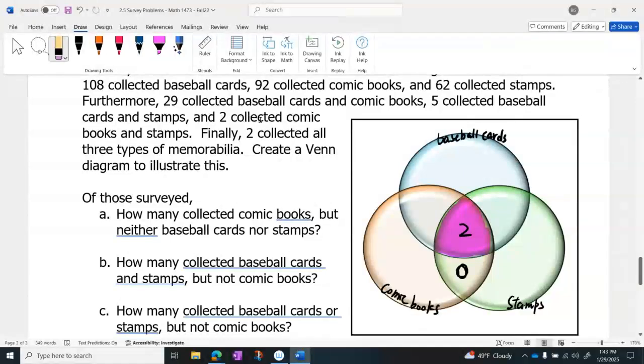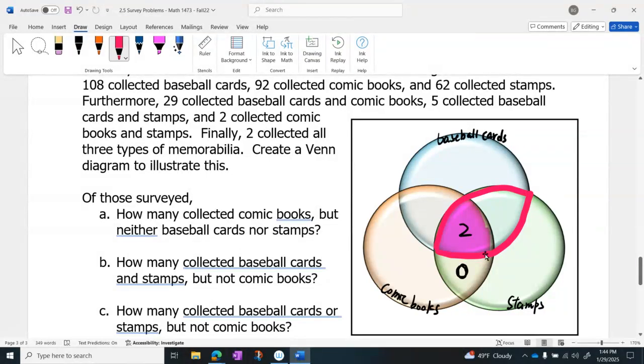The previous sentence says 2 collected comic books. Okay, we do that already. And go backwards here. 5 collected baseball cards and stamps. This region is the overlapping region of the set of baseball cards collectors and the set of stamps collectors, right?